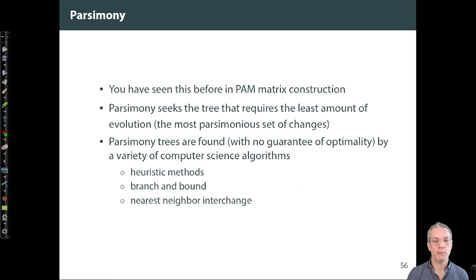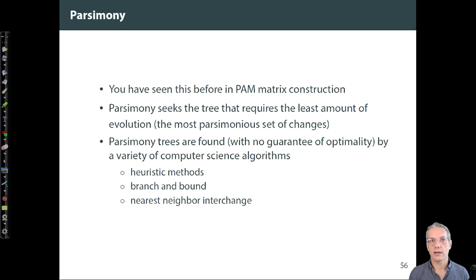You've seen parsimony before. It comes up in PAM matrix construction, and we're going to try to find the tree that requires the least amount of evolutionary change. That's considered the most parsimonious. Now, there are trees that are found through a variety of computer science algorithms. Classes of algorithms are described here.